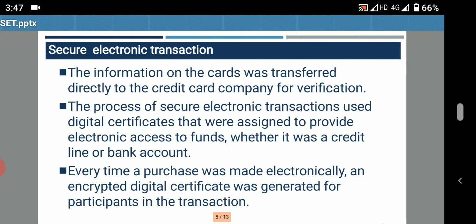Here, the customer card details are verified. The process of secure electronic transactions used digital certificates that were assigned to provide electronic access to funds, whether it was a credit line or bank account.